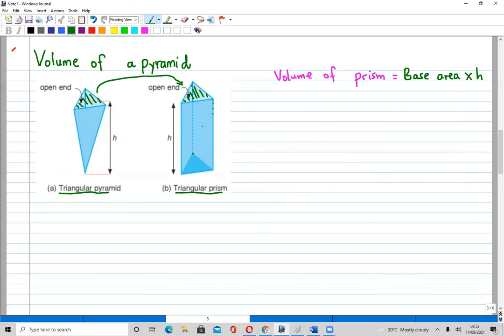So in order to fill one triangular prism, we need 3 triangular pyramids of the same height and base.